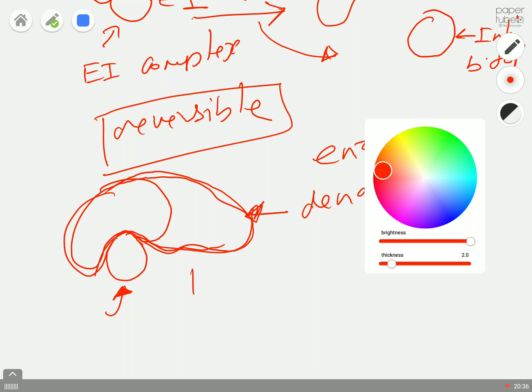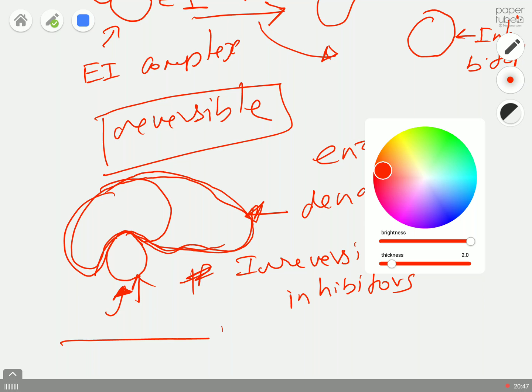So these are irreversible. This type of inhibitors are called irreversible inhibitors. These are some properties of inhibitors that you should know. You all know the properties of enzyme. I think I covered them in detail in lecture 6 and also part 1 of lecture 7.